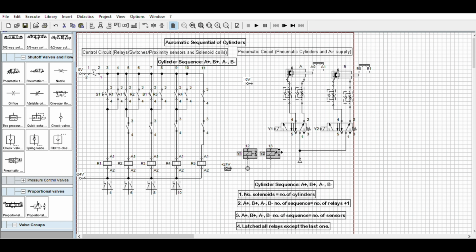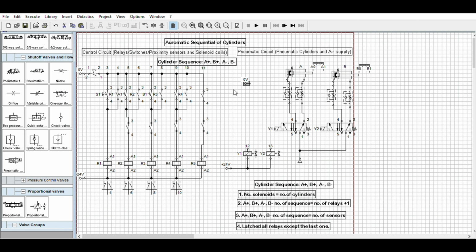Even if you don't have that one and you know the sequence, you will try to figure out. Next, what will happen next? This one extended, this one extended. This one will trigger the retraction of A.